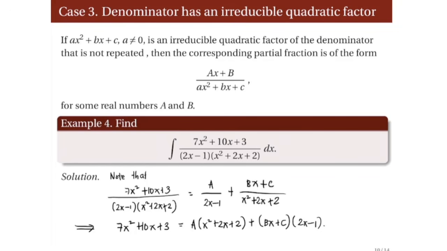So, try natin gamitin yung substitution pa rin ng values. So, iwan ko na lang sa inyo yung comparison ng coefficients kapag sinimplify mo yung right-hand side. So, 7x squared plus 10x plus 3 equal now to a times x squared plus 2x plus 2 plus bx plus c times 2x minus 1.